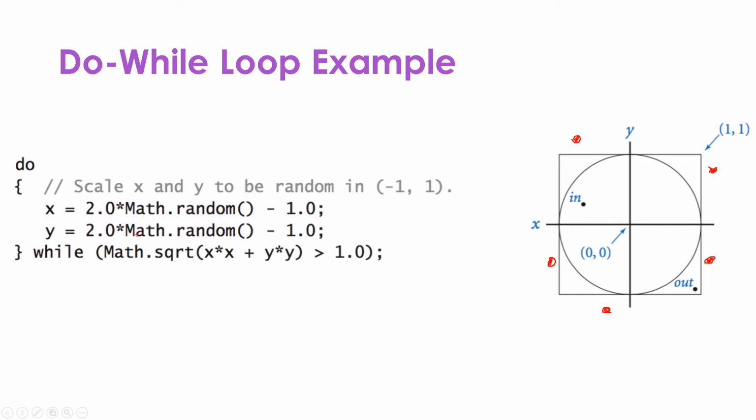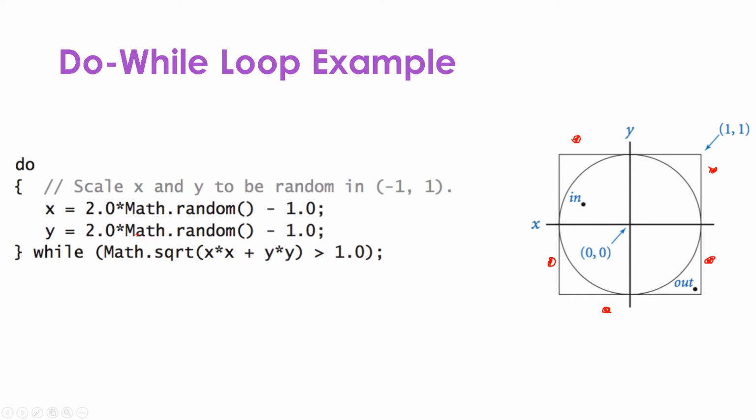So we would have to do the assignment here of the variables X and Y with the values that we've determined here. Then check the condition, and if it doesn't meet the condition, then we can go ahead and move forward. But if it does meet the condition, then we go back and run the loop again.